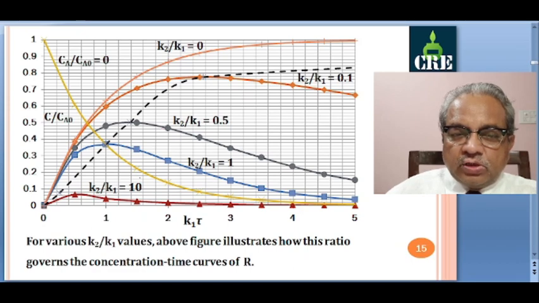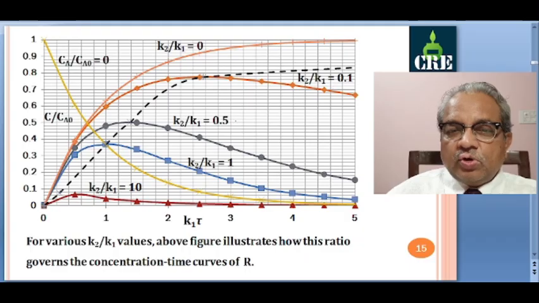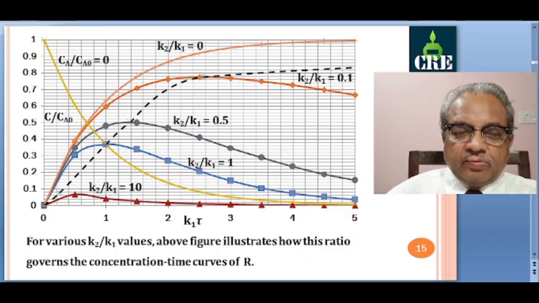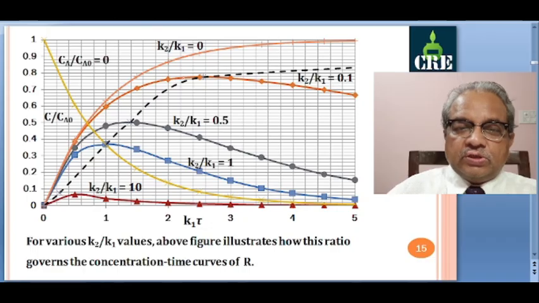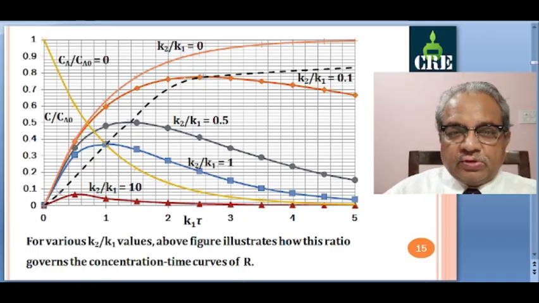Now these curves represent CR by CA0 for K2 by K1 equal to 0.1, 0.5, 1 and 10. This is CA by CA0, that is e raised to minus K1 tau. This is from the equation for CR, and CS you can find by difference.